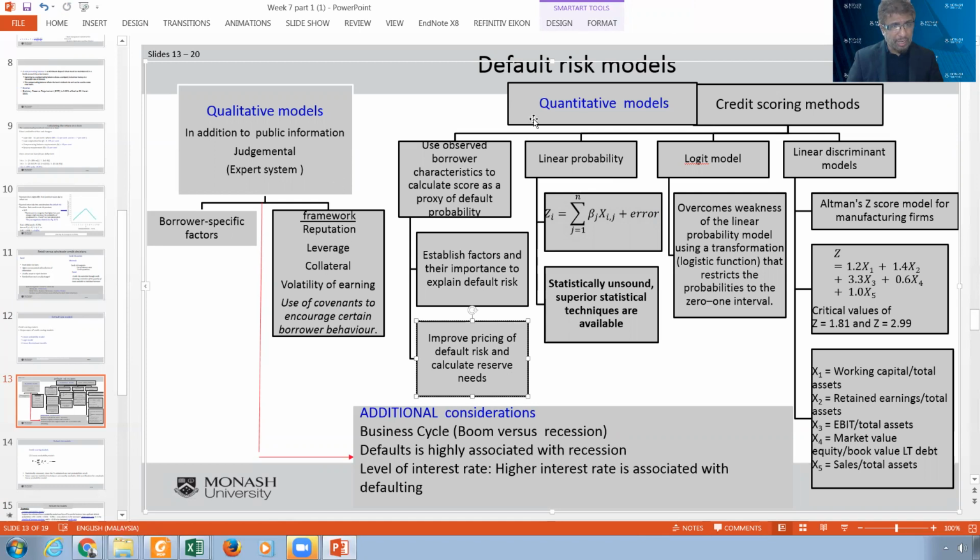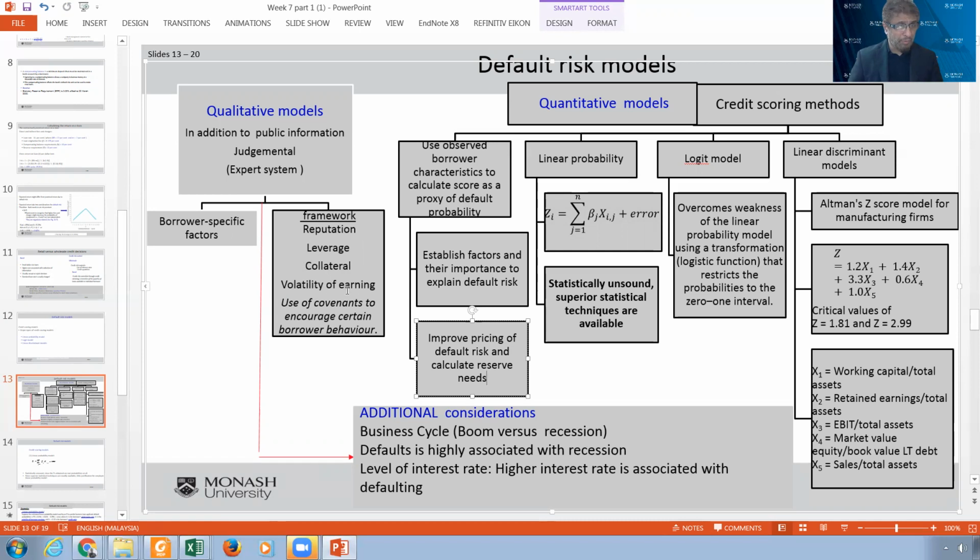See, this is actually the quantitative, but we also bring qualitative issues into the picture, like the reputation of the company. Of course, these old companies have the advantage because they have been a long time in the market, so everybody knows them. We have the leverage, which we have to take into consideration. We have to check for collateral, if the customer will give us their factories and lands and their assets.